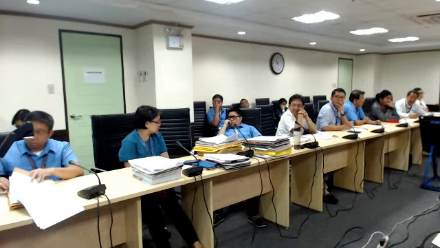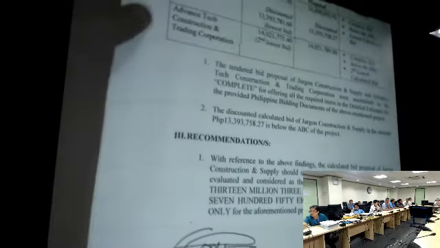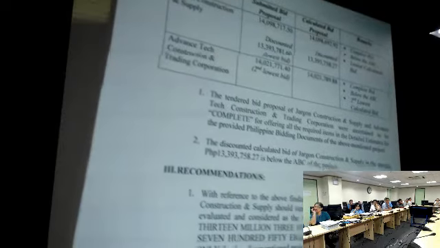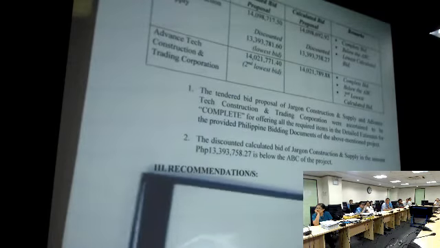So why not, ilagay natin dyan, 14,098,717.50, tapos ilagay natin offered a 5% discount. Then on the next column, as calculated after applying the discount of 5%, the amount is 13,393,758. That is for clarity lang.